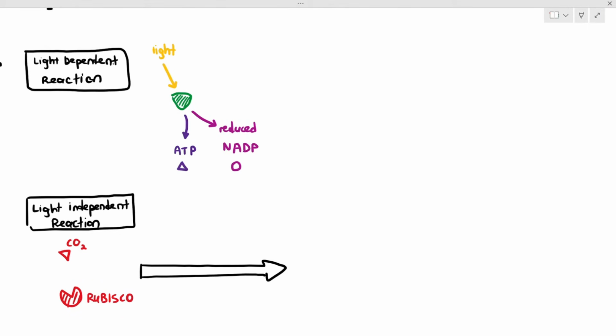With the help of ATP, which binds to that part of the arrow, the arrow representing the Calvin cycle, and the reduced NADP, which binds to that particular part of the arrow, it allows the Calvin cycle to happen. This is just to tell you that ATP and reduced NADP are required in the light independent reaction to produce organic molecules. You don't need to memorize this diagram, but it helps me explain limiting factors in detail.